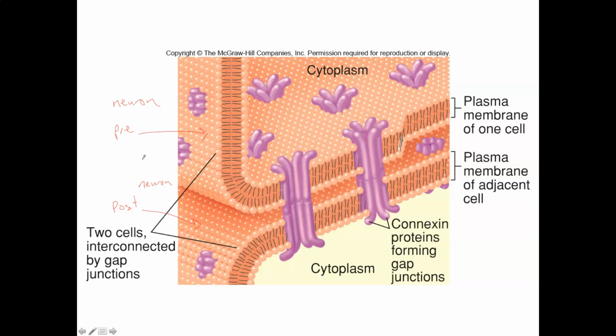But the postsynaptic cell could actually be cardiac muscle, it could be smooth muscle, skeletal muscle, glandular tissue. So the nervous system is going to communicate from one neuron to another, but that postsynaptic cell can be other things as well.